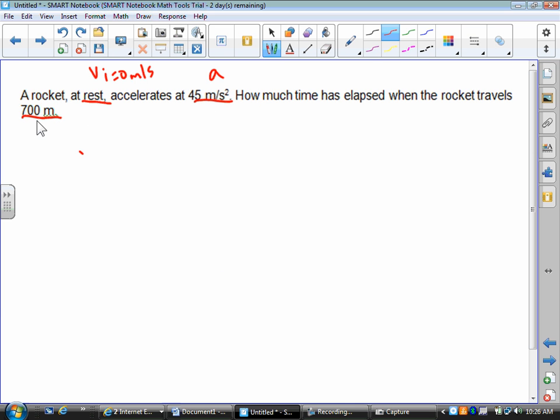And what about this? Distance. In this case, instead of saying distance, I'm going to call this the final position. Remember this from the formulas, right? This is the final position of this rocket. Okay, the initial position of this rocket was probably what? We always start at 0 when we're measuring, right? So the initial position of this rocket was 0.